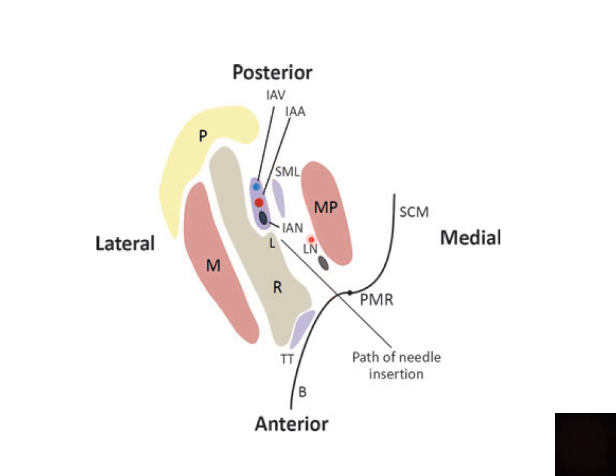Another point to remember is that the inferior alveolar nerve is roughly at a depth of 2 to 2.5 centimeters in the pterygomandibular space, whereas the lingual nerve is a bit more anterior and a lot more superficial, roughly 0.5 to 0.8 centimeters in the pterygomandibular space.